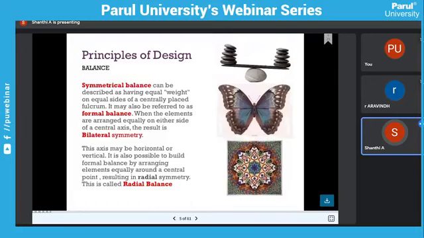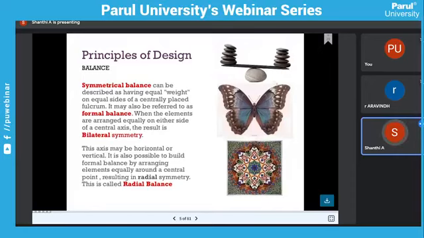Moving on to the same balance, they have given here a few examples of balance. This is actually what we have seen in the previous slide. And here, when we take the butterfly, it is exactly the formal balance, where the elements are arranged equally on both sides. Can you see this? Here also they have 2 wings here and 2 wings here.